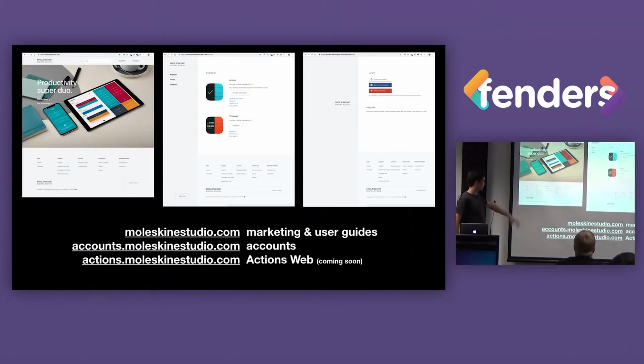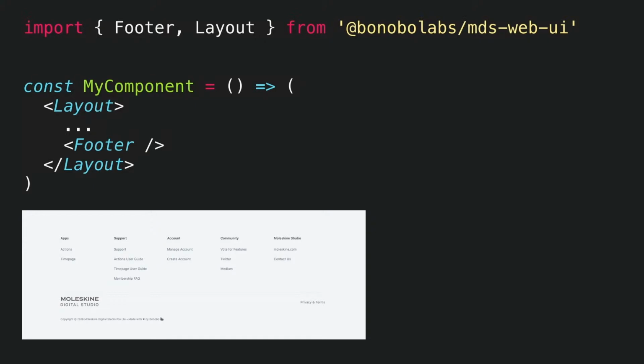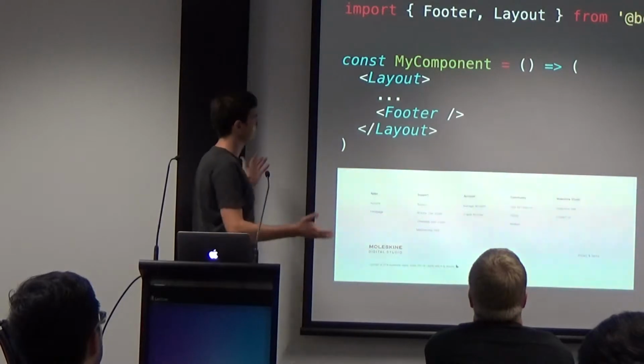All three are separate domains, separately built and deployed sites, but they all use a series of shared components. I think that's one of the really powerful things about React and the way that I'm styling these components: you can bring those styles in with all your logic, and make them behave the same way and look the same across all these different projects.